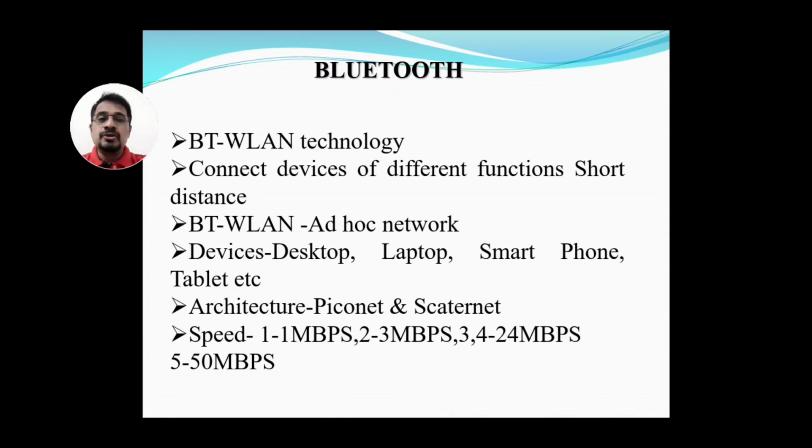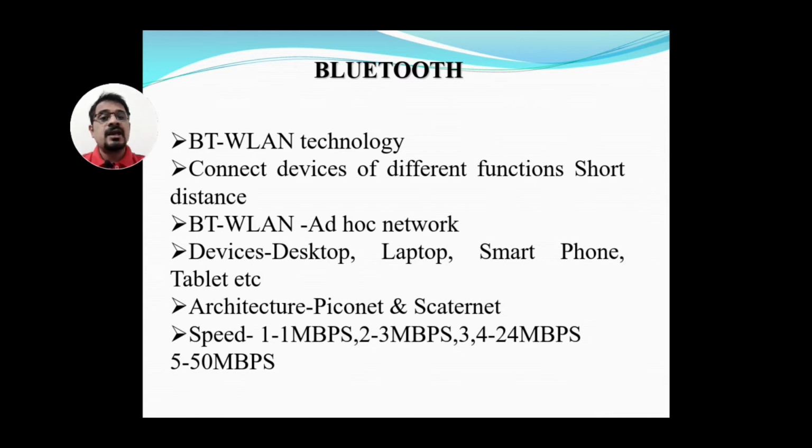So this Bluetooth WLAN, we know that it is in the wireless category. In wireless, we are all aware that there are two types of architecture: one is infrastructure based, another is infrastructure less. If it is infrastructure less, then automatically it comes under ad hoc in nature.